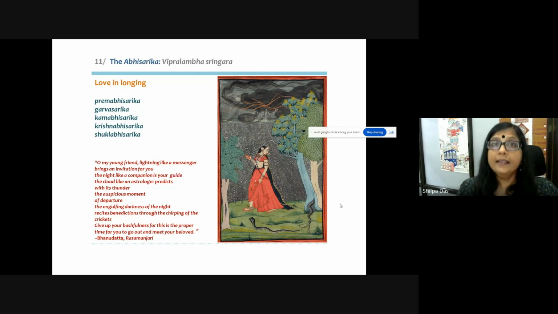Okay. And the Abhisarika is so driven by her relentless love and her overwhelming desire to meet her beloved that she will not be stopped by anything, none of the dangers in her path.